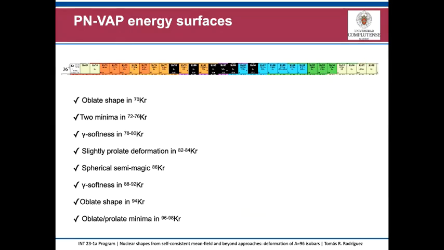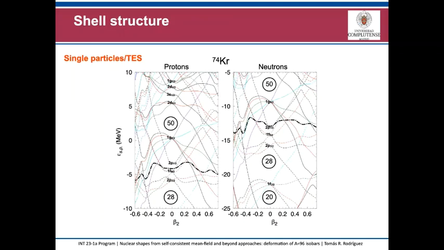No, okay, so this is krypton, and this is a nice view because these shapes can be related. The shape of the energy surface is also related to the underlying shell structure of the nucleus. I don't know if you're familiar with these Nilsson-like plots, but these are self-consistently calculated. This is the quadrupole moment, for the single particle energies of protons and neutrons.